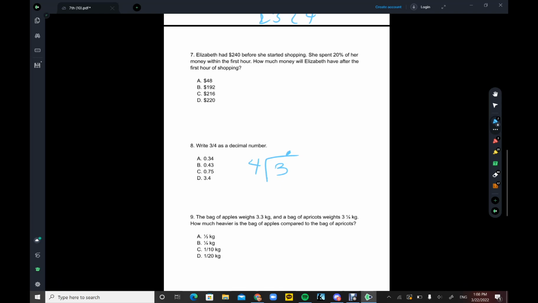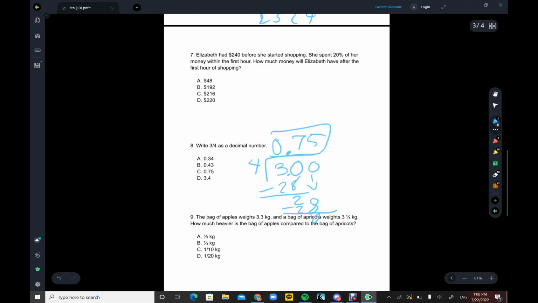So, since 4 goes into 3 0 times, since 3 is less than 4, you put a 0 here, and now it becomes 30, so 4 goes into 30 7 times, and then you're left with 2, add another 0, bring it down, and 5, because 4 goes into 20 5 times, and then you would cancel everything out, so your answer would be 0.75, so your answer would be C.